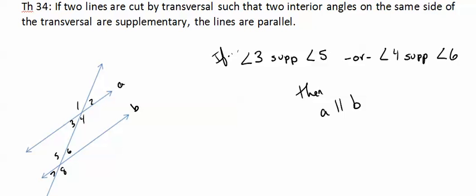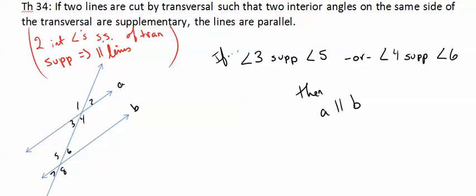We would know that 1 would have to be supplementary to 3 based on the assumptions in the diagram. And then since 1 and 5 are on the same side and are corresponding, it would imply the parallel lines. Again, you can shorthand this with: two interior angles, same side of transversal, supplementary, imply parallel lines.